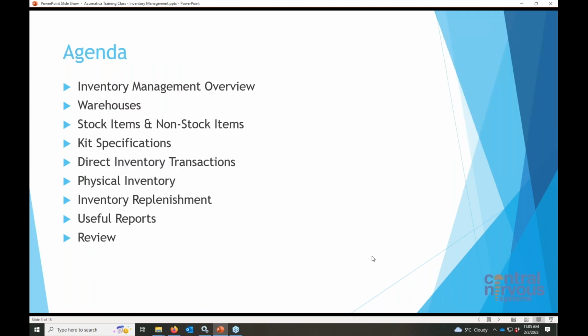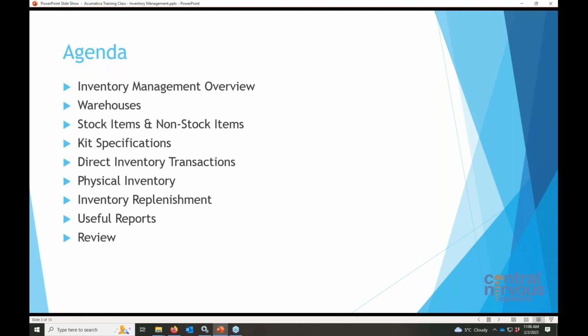So today's session, just going to have a look at the agenda. We've got an overview of inventory management, which is, what is inventory management, and then the below items are going to be looking at the components of inventory management. So we have warehouses, stock and non-stock items.